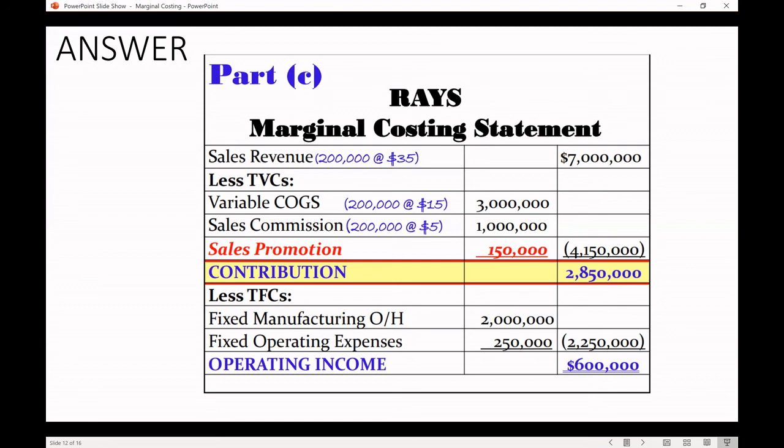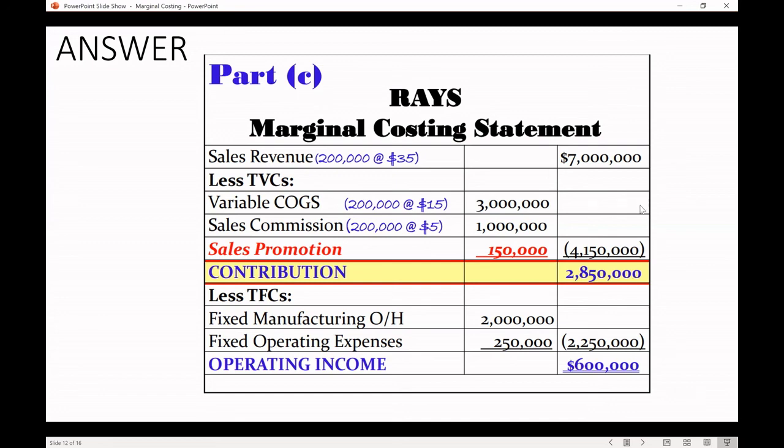So here, our total variable cost is 4,150,000, right? We subtract that from our sales revenue, and we have a contribution of 2,850,000.